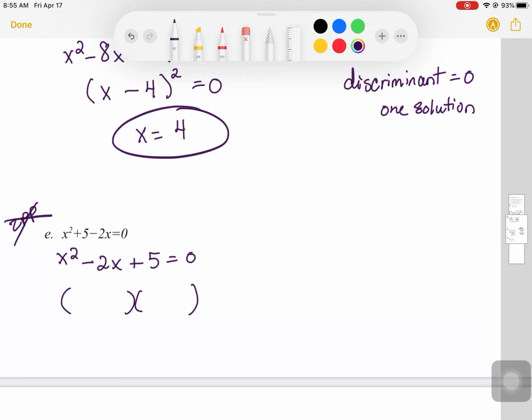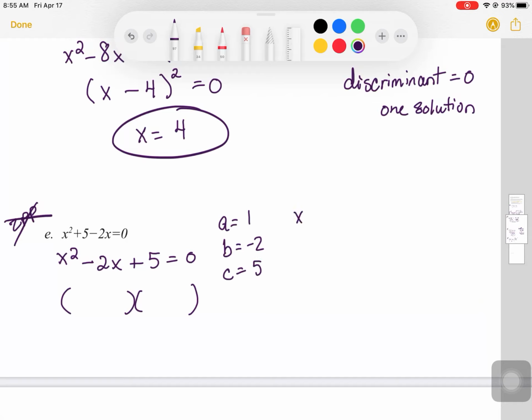I could go with completing the square. If you guys wanted to do completing the square, you absolutely could do that right now. In fact, no, I think what we'll go with is the quadratic formula. We haven't practiced that one yet. So in this situation, A is 1, B is -2, C is 5.